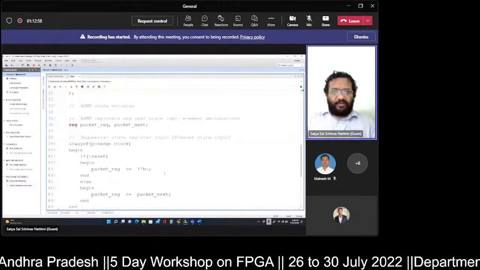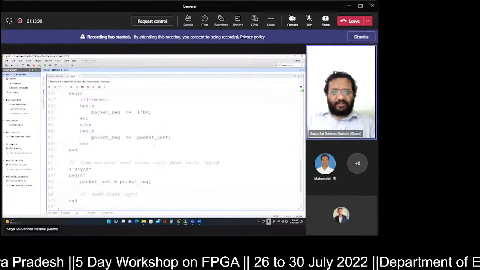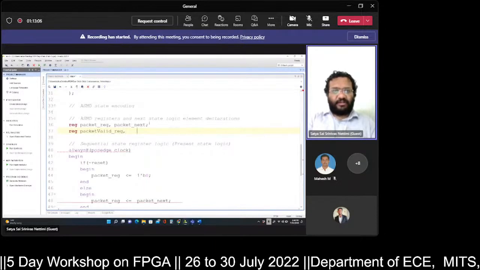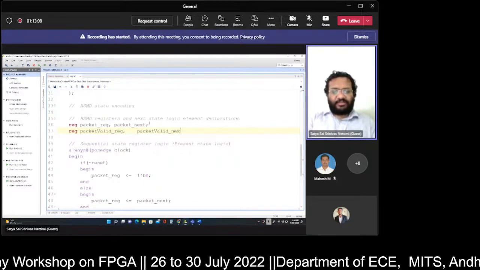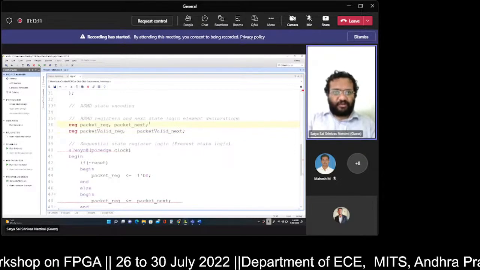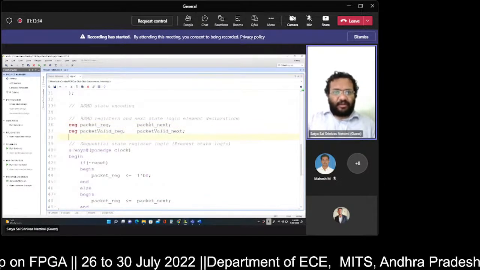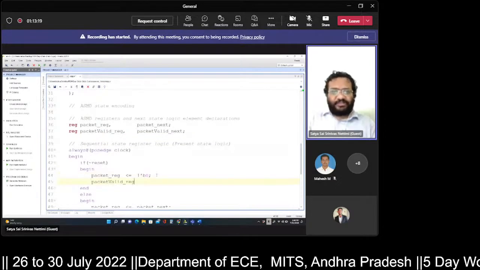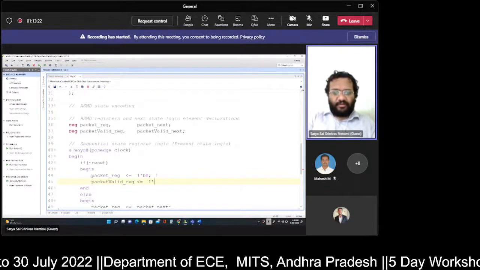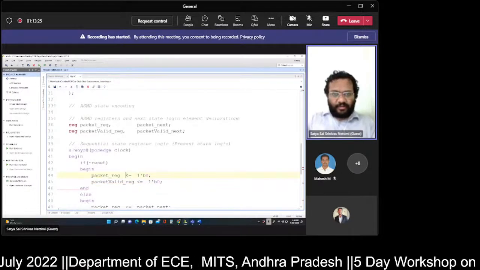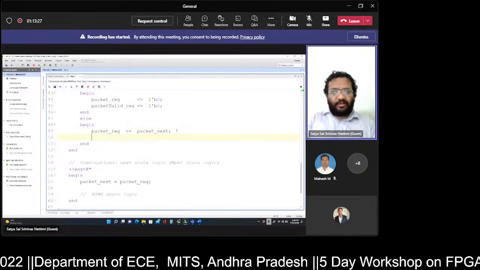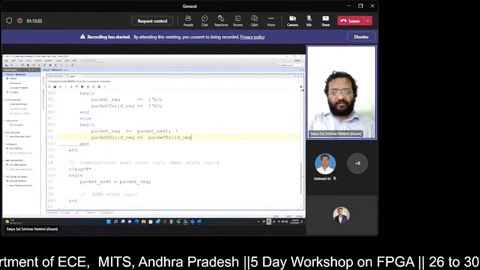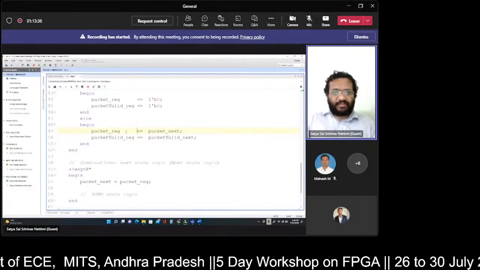Similarly, we have a packet valid, right? For that also we create a packet valid register and packet valid next, that is the combinational next state logic. Then this packet valid register is set to 0 by default. This register follows the value of the next state logic when there is no reset.